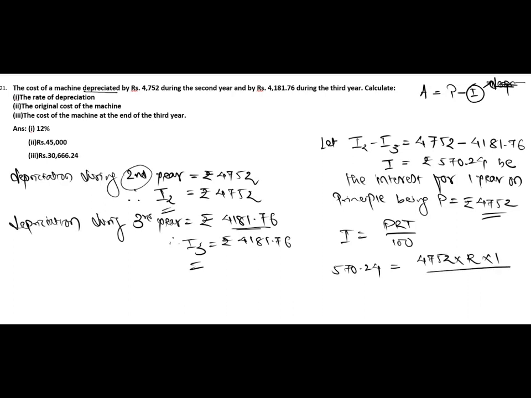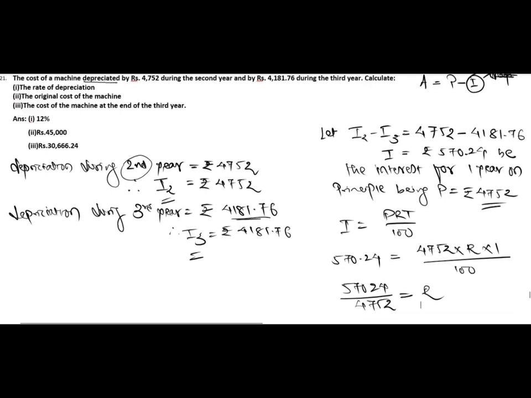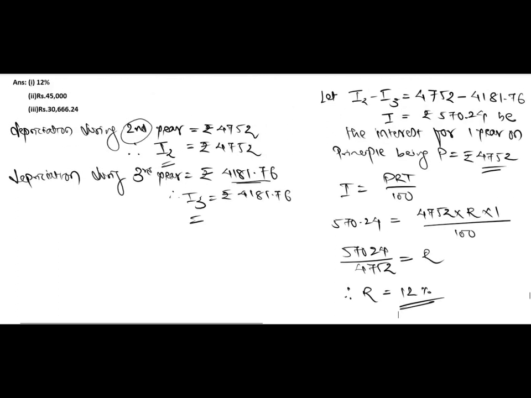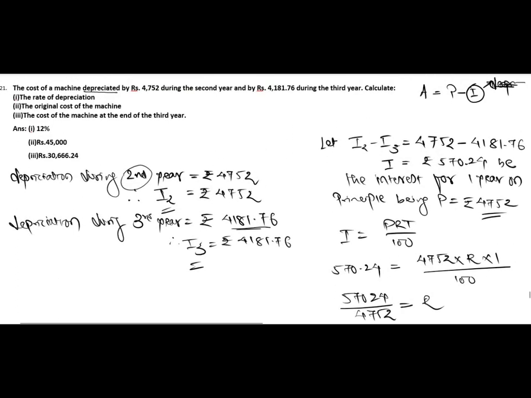So this will be 57024 divided by 4752 is equal to rate. Therefore, the rate is equal to, if you simplify this, you get 12%. So we found the rate of depreciation. The value of the machine depreciates by 12% per annum.